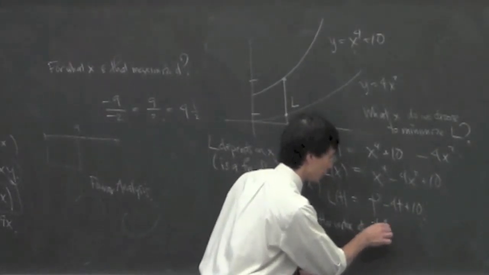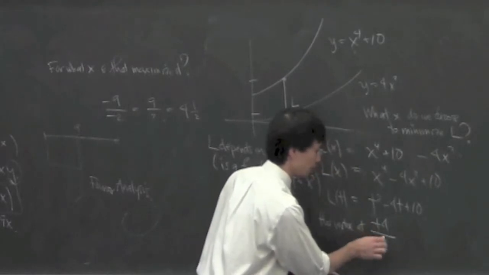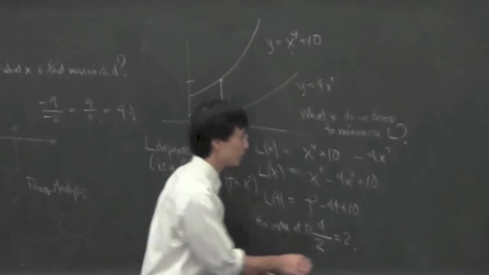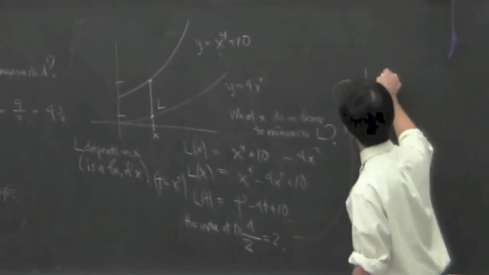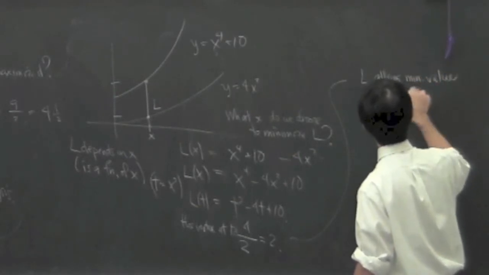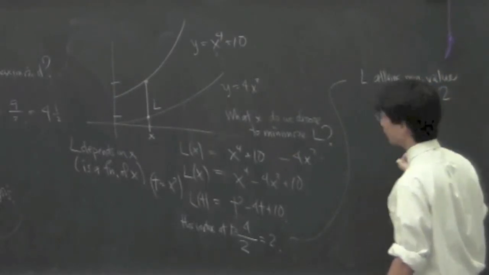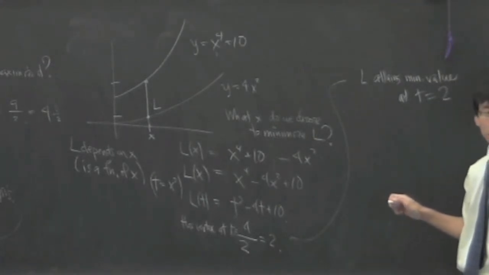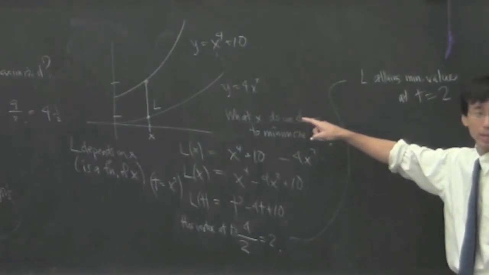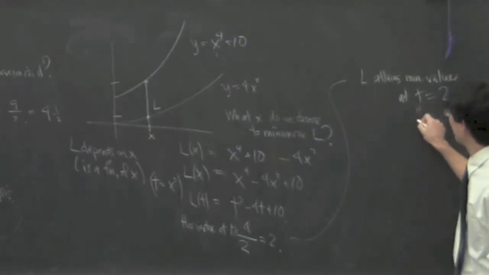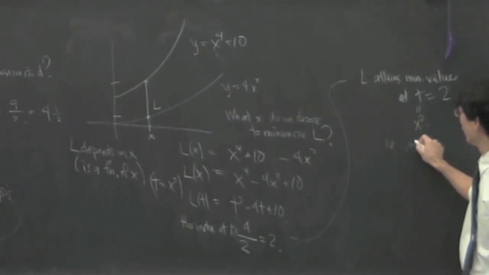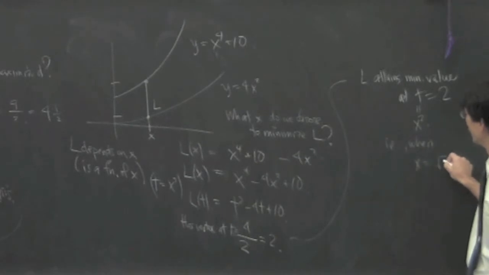Negative b over 2a, that's 4 over 2, so t equals 2. So L obtains its minimum value at t equals 2. Our question was about x, and t was x squared, so this is when x is equal to root 2.